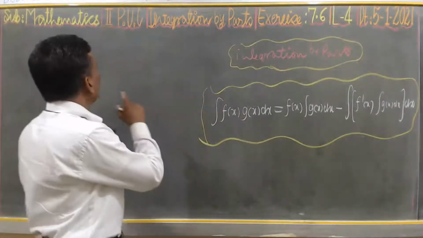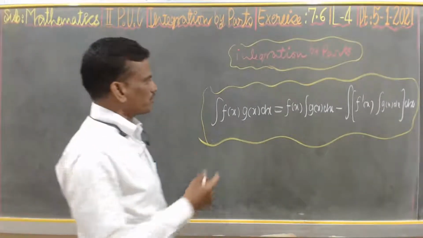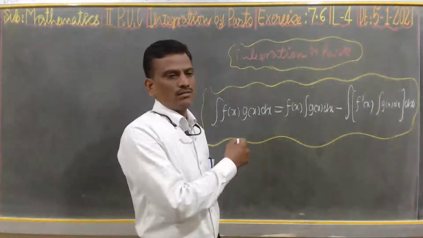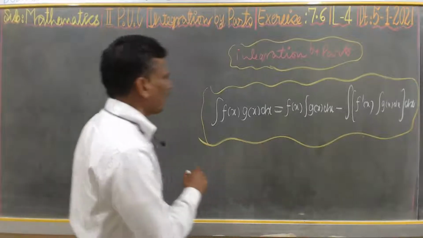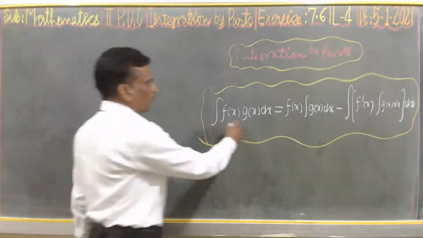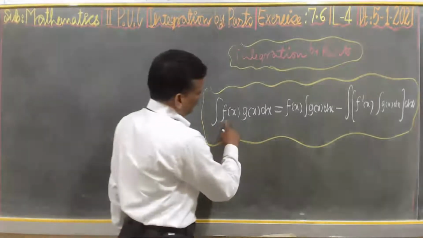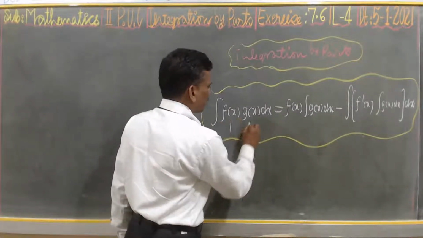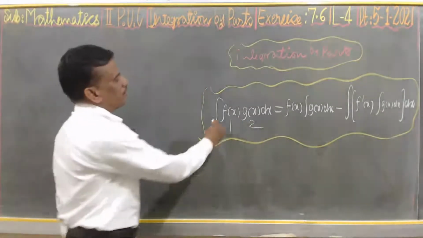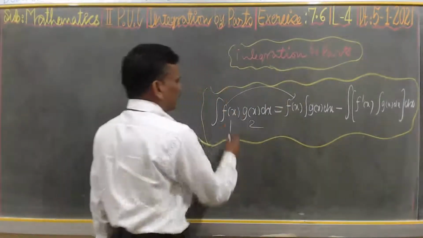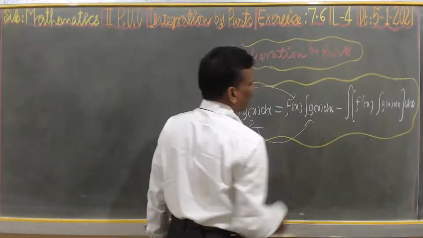Now, in integration by parts, there is a formula that plays an important role: the integration of a product of two functions can be done with the help of integration by parts, where the first function is f of x and the second function is g of x. The first function we write as it is, and we take the integration of the second function.